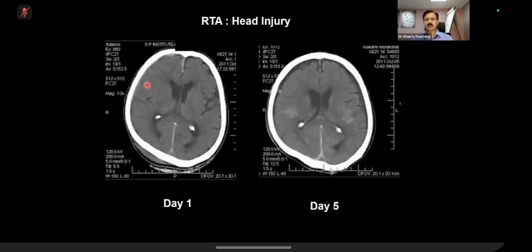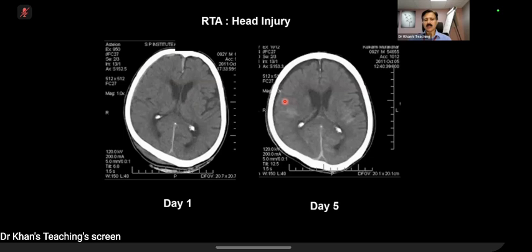Subdural hygromas can, rarely, develop by another mechanism, which is because of a defect in the arachnoid. So this is post-traumatic. This is a case of day 1 and day 2, and you can see that there is a subtle subdural here. There were other findings also.